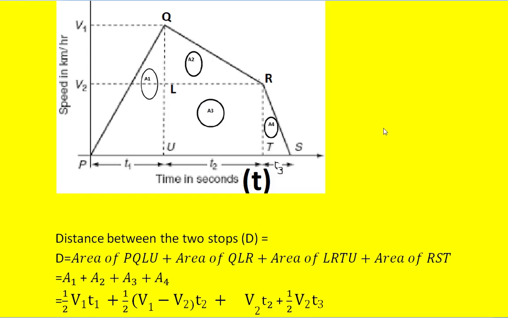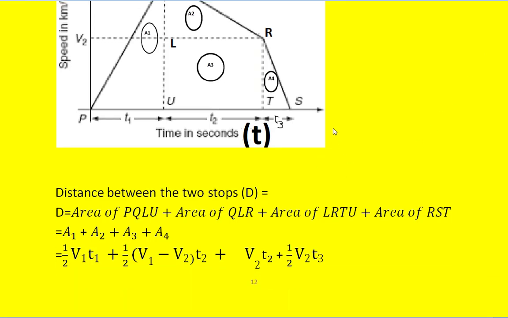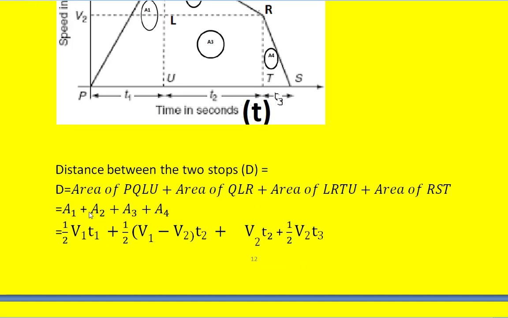Since we have represented these areas with letters like this, we can write D is equal to A1 plus A2 plus A3 plus A4.